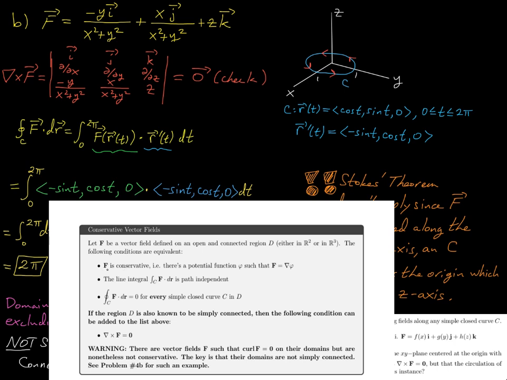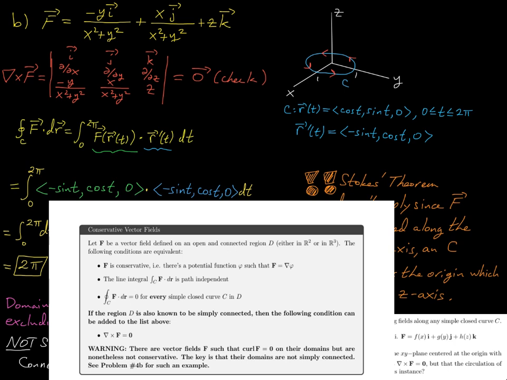Okay, so it says here, f is conservative is equivalent to the line integral being path independent, which is then equivalent to the circulation integral being 0 for every simple closed curve C in the region D. And notice these three equivalent conditions are all from section 15.3, and they are just making the assumption that the region D is open and connected.